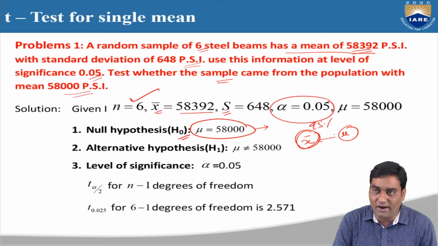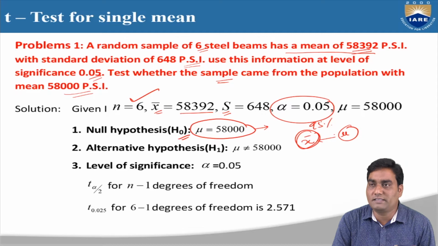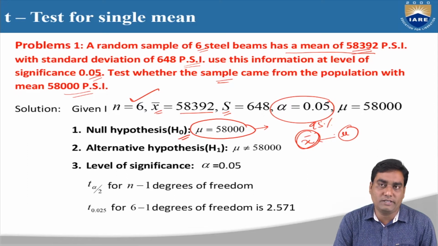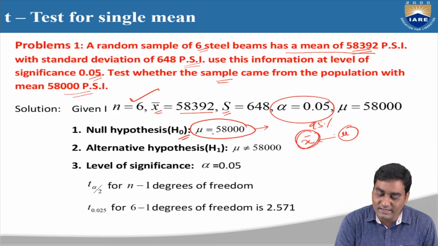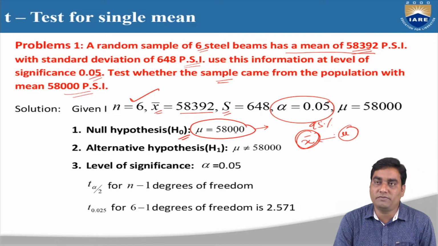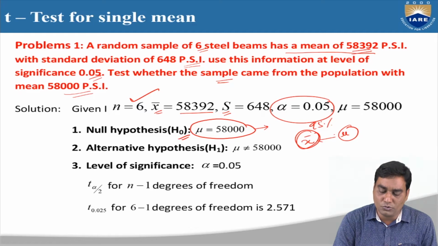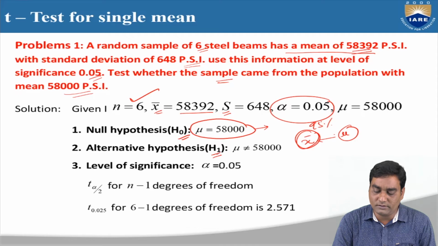And we have already discussed in the previous session, null hypothesis means whatever the statement given, we have to assume that it is true. Like that, here we have taken mu equal to 58,000, meaning the given sample came from the population with the mean 58,000. Next, step 2, alternative hypothesis, which is denoted by H1. This differs from the null hypothesis.